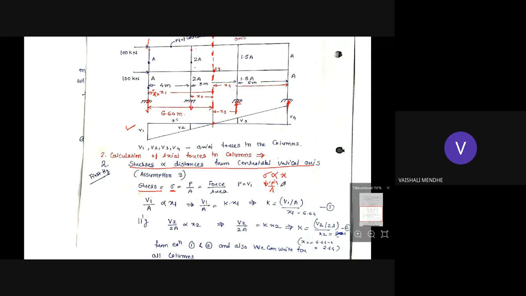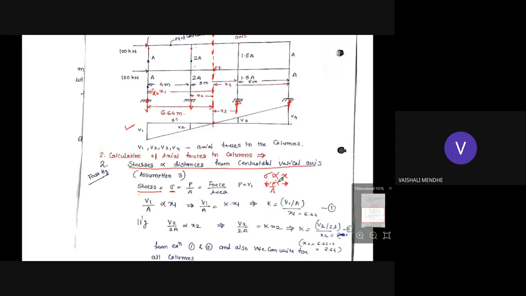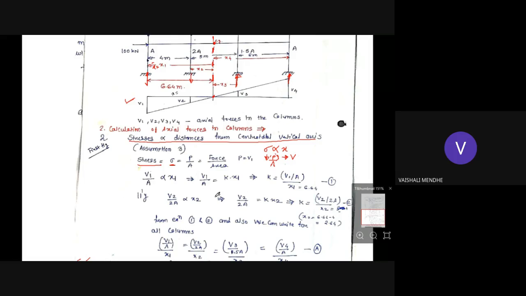Okay, so that force in each column of upper and lower story we have denoted by V1, V2, V3 and V4. So according to that assumption, we'll find out the relation in terms of distances, and then we'll be able to find out the values of V1, V2, V3 and V4.